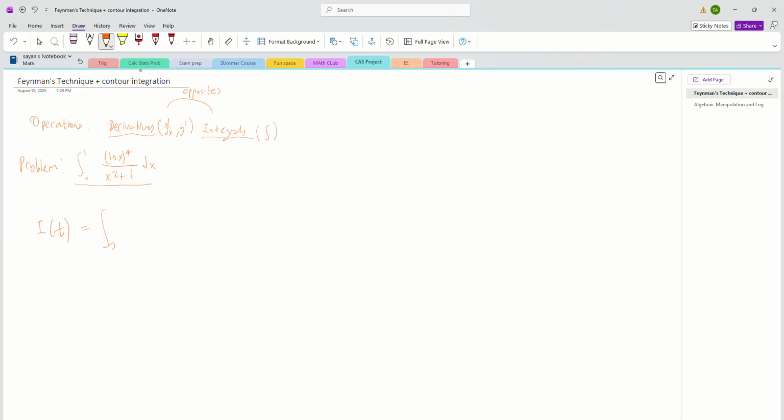So all I'm going to do is define my integral like this, because now when I take the derivative 4 times in terms of t, recall we're taking the partial derivative in terms of t, we're treating x like a constant, so this is going to be untouched. We're going to get x to the t ln x to the power 4.